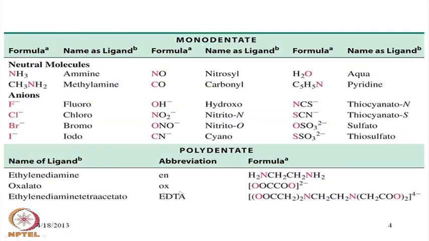Similarly, one more useful polydentate ligand, useful for medicine and drug purposes also, is the ethylene diamine tetraacetate anion. The ethylene diamine tetraacetic acid has the abbreviated form EDTA. This EDTA is a very useful molecule.